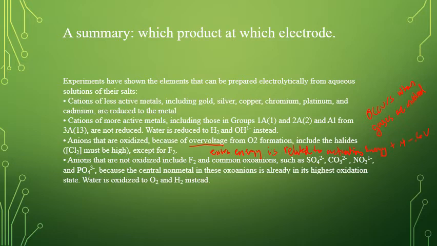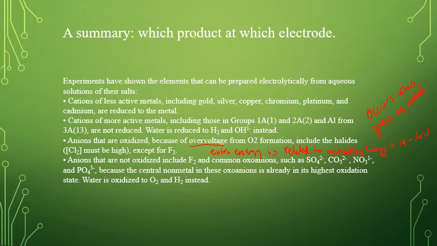And so something like chlorine can then just sneak in underneath that threshold value for the oxidation and will allow the substance to undergo the oxidation instead of the oxygen. The one exception to that is the fluorine, and again that gets into some of our periodic trends, atomic size, all that kind of good stuff.